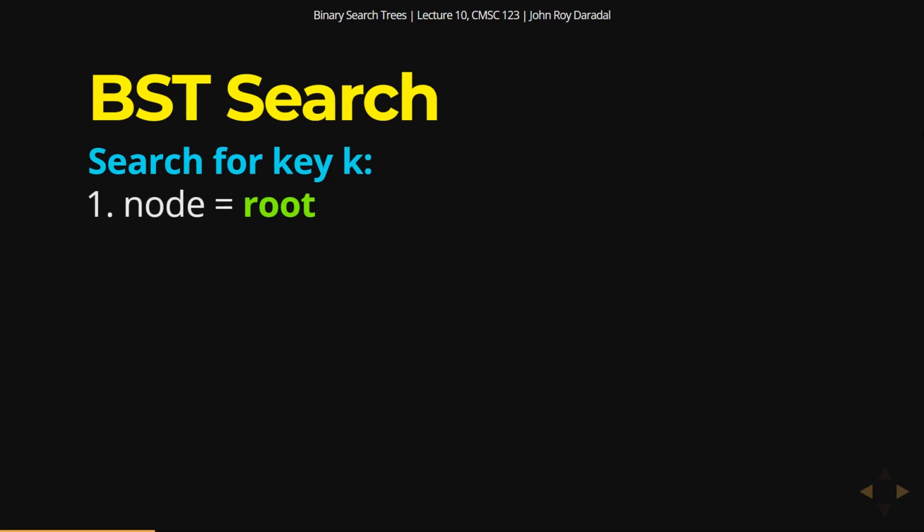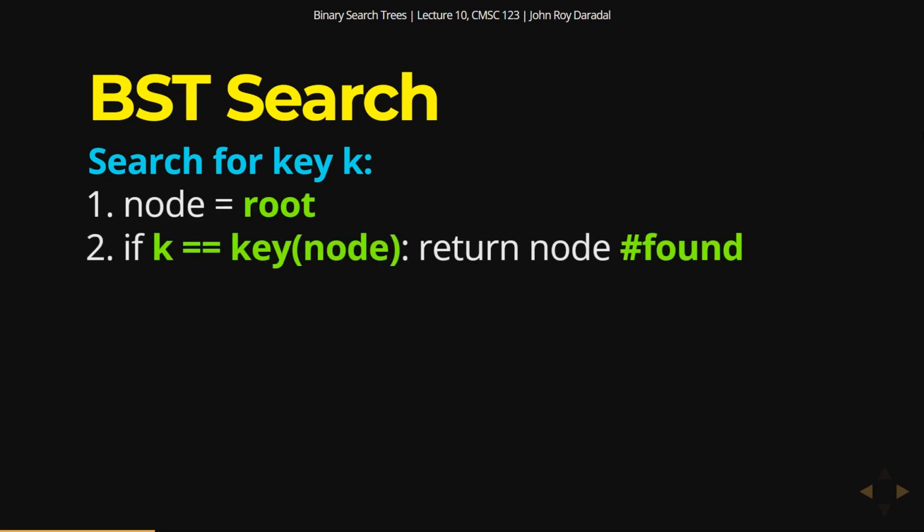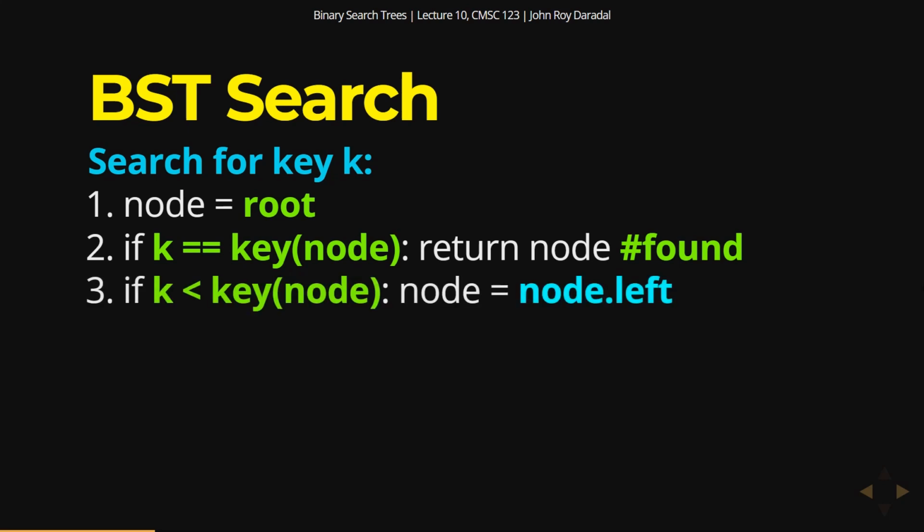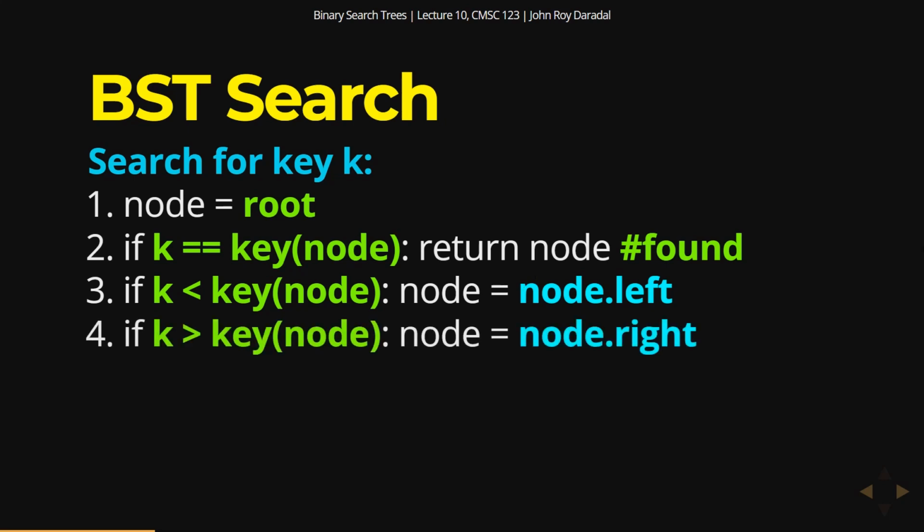If the key of that node is already the key that you're looking for, then return it because you've found it. If the key you're looking for is less than the node's key, then you go left, because everything less than the node's key is in the left subtree. If it's greater than the node's key, then you go right.